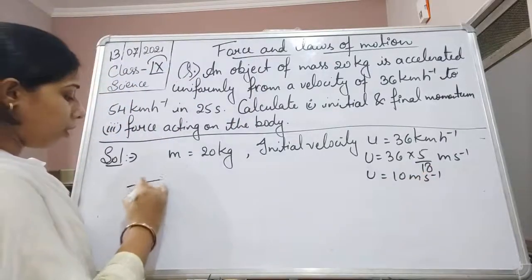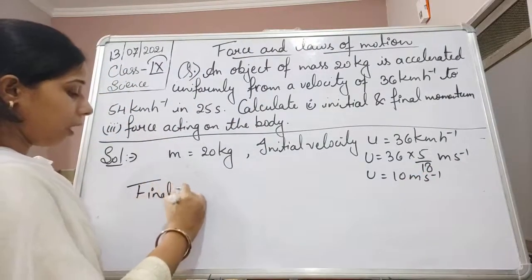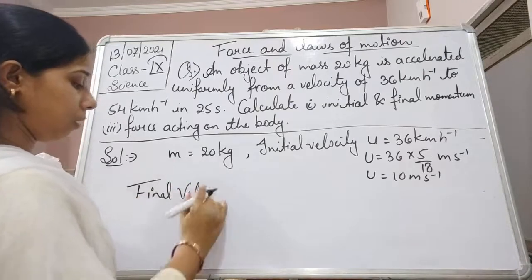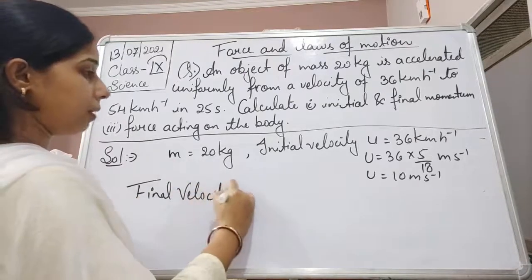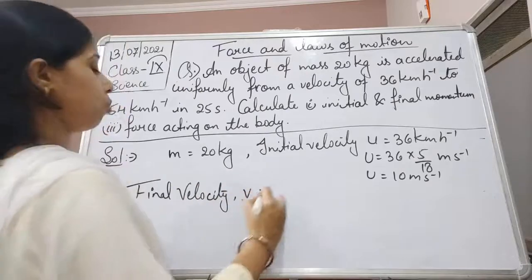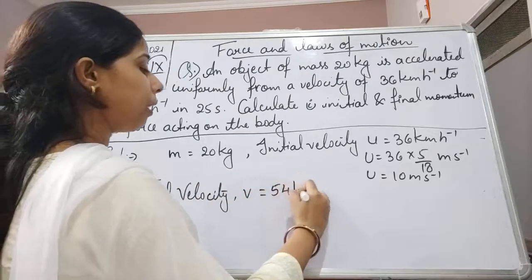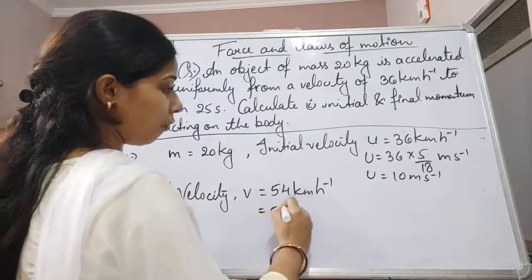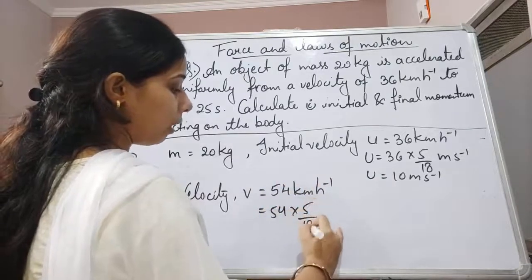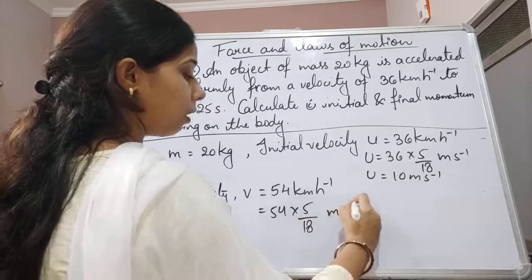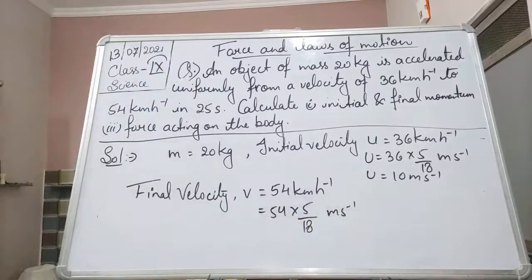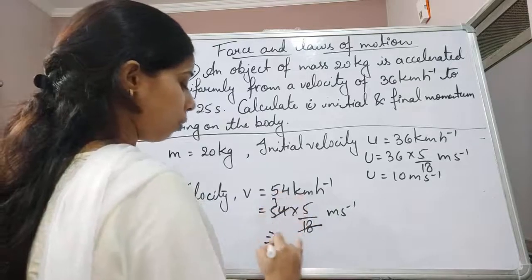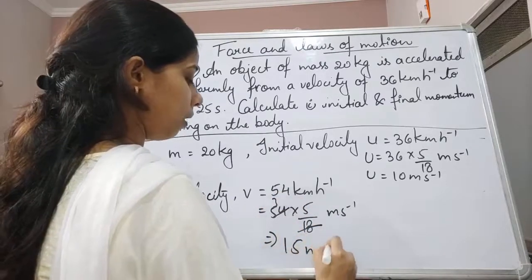Now the final velocity, students. The final velocity, represented by v, will be equal to 54 kilometer per hour. So this will again be equal to 54 into 5 by 18 meter per second, and this will be equal to 3 into 5, that is equal to 15 meter per second.